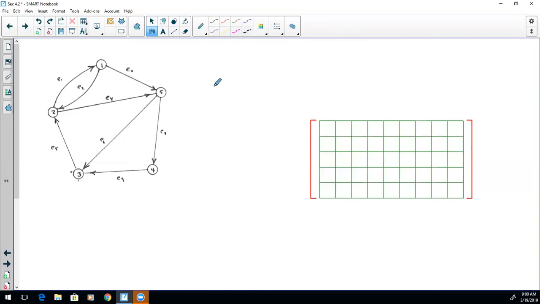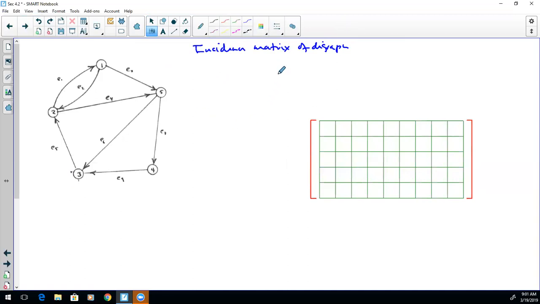So I erased the vertex 9 here. And what I should have done is erased one of these columns, but I didn't. We'll just leave it blank here.